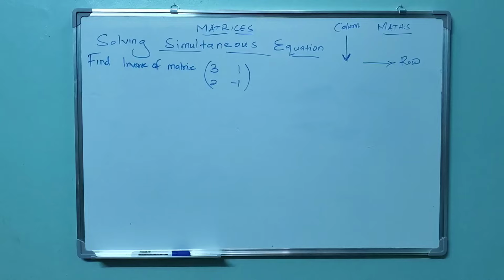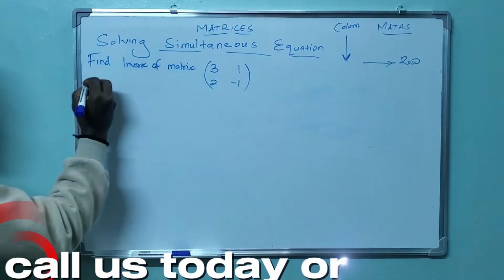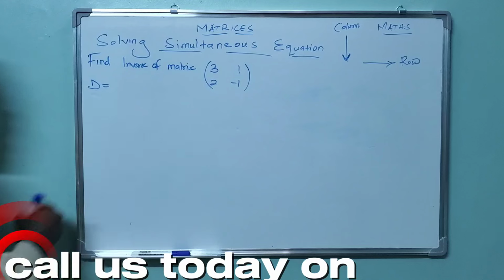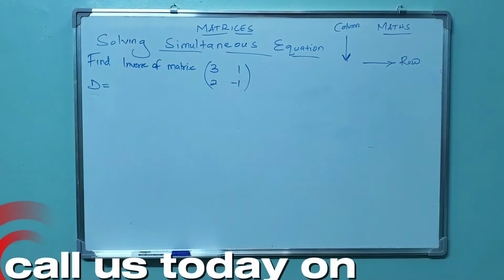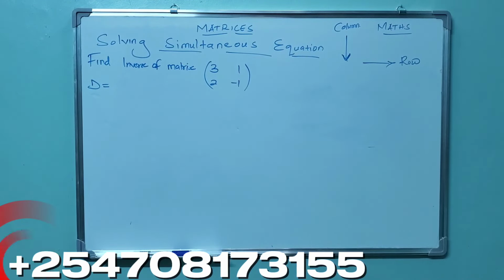We've seen how to get the inverse of a matrix. Number one, remember I said you have to get the determinant. And remember, I said that the determinant is the product of the lead diagonal minus the product of the end diagonal.